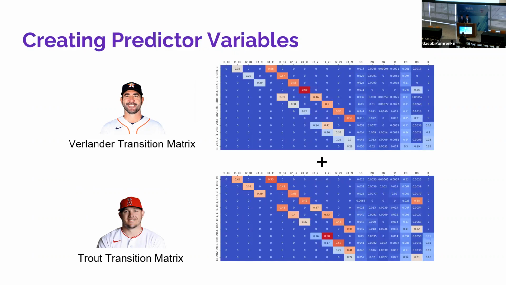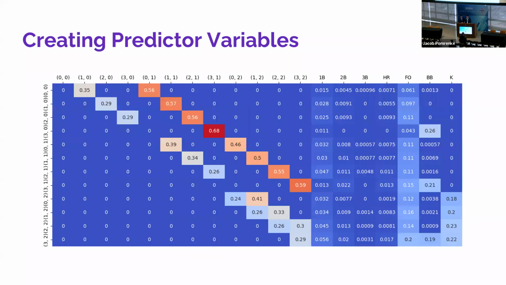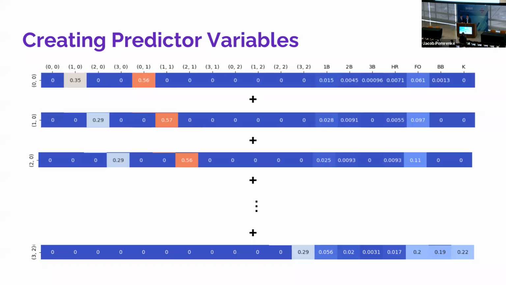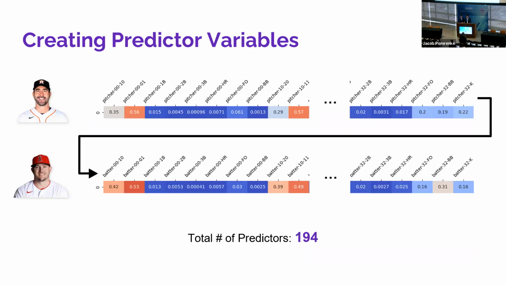And what we do next is that for every one of them, we strip out every single row. And then we removed all the zeros because those are the impossible transitions, like from 0, 0 to 0, 0 counts. So we removed them, and then we simply concatenated all the probabilities together to make a giant row of features of their own individual transition probabilities.